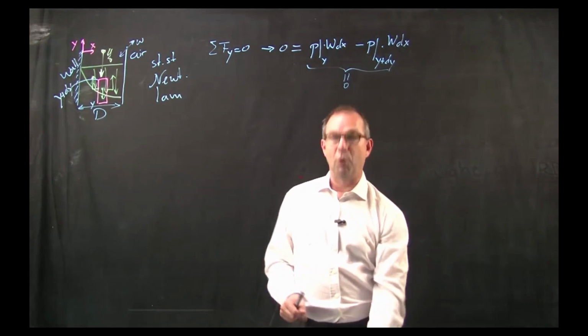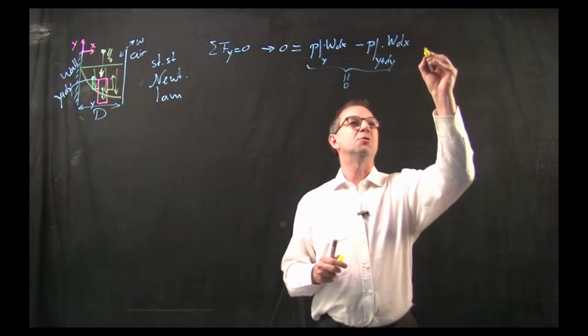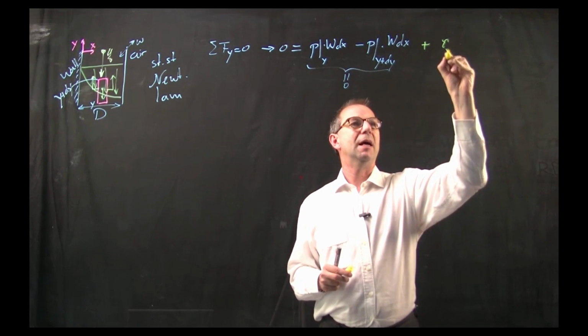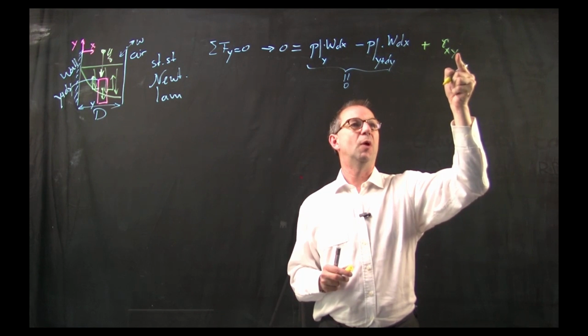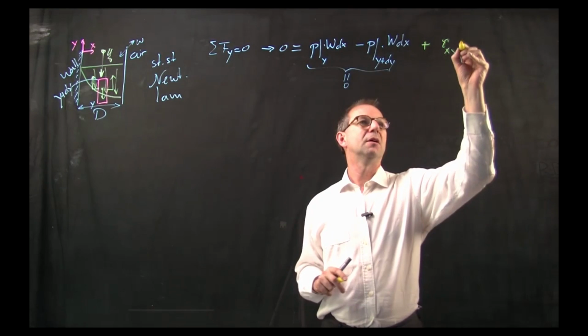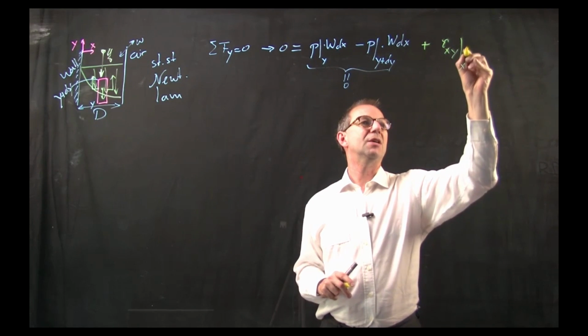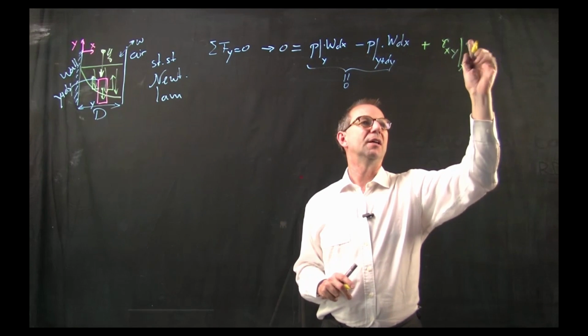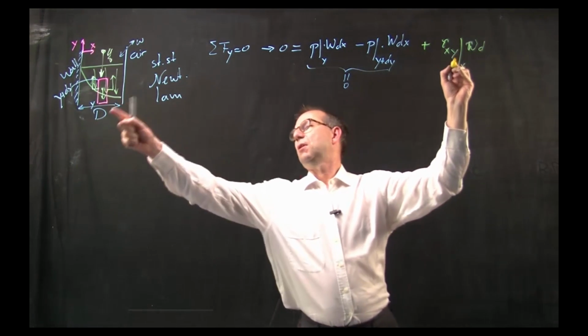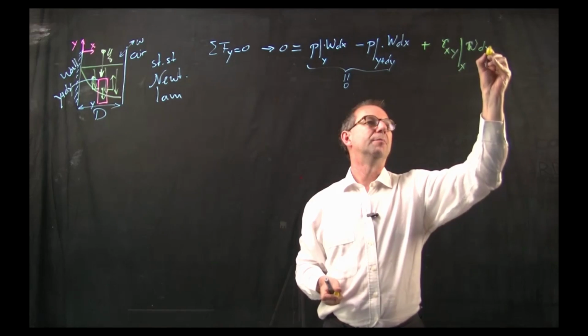But I got now my forces, so then I need to add a shear stress, tau x y, because the velocity is in the y direction and it changes in the x direction. On the left side, that is at position x, and that runs at an area W times that height dy.